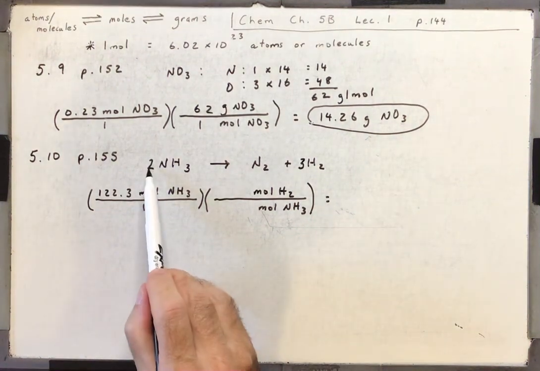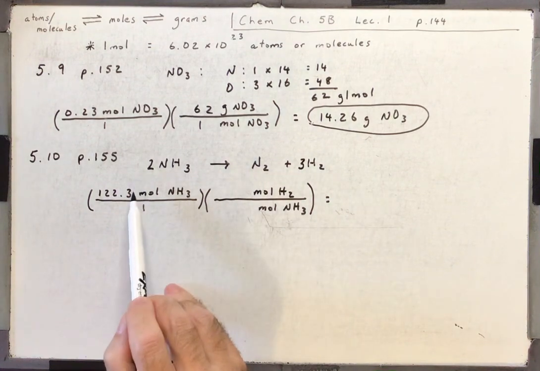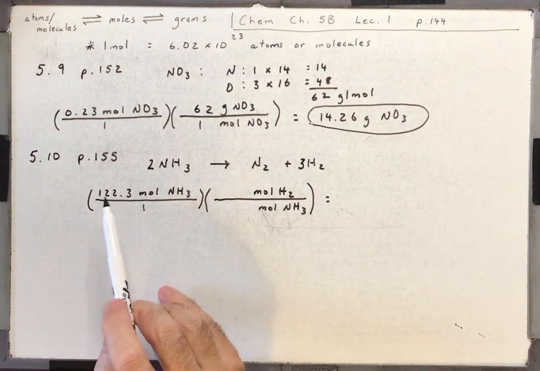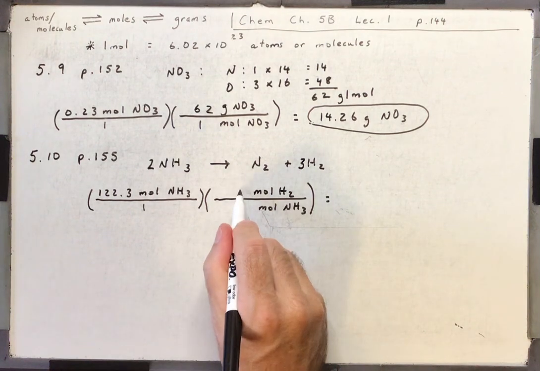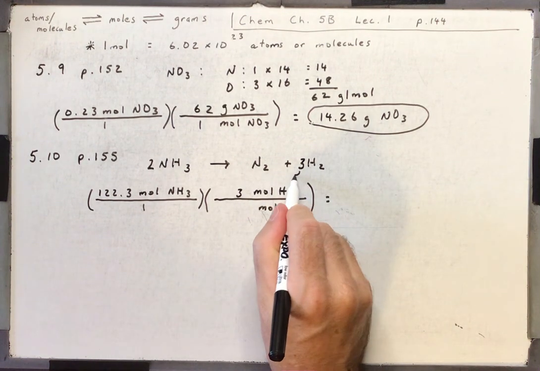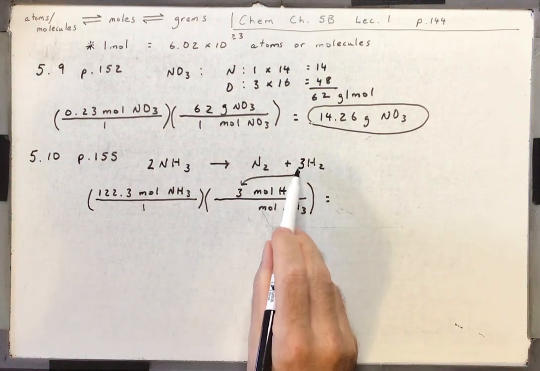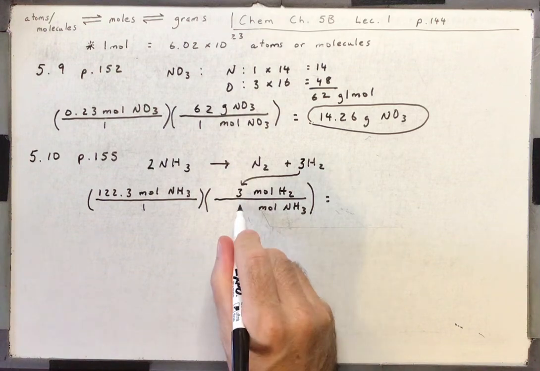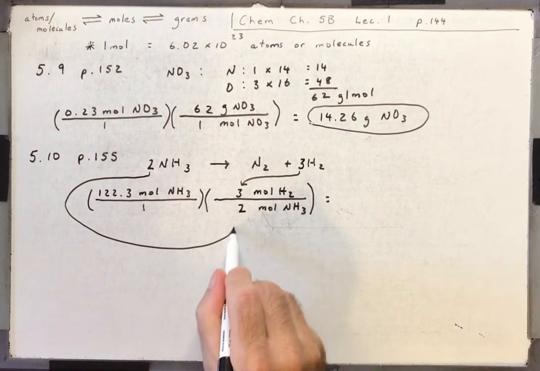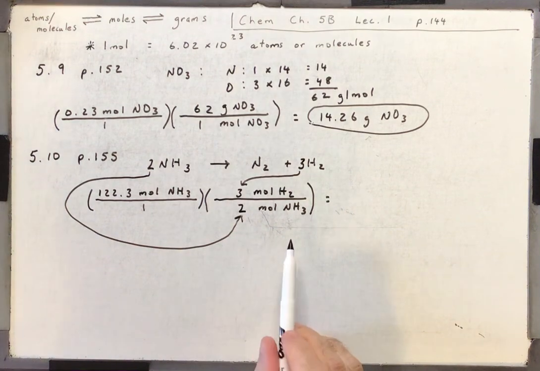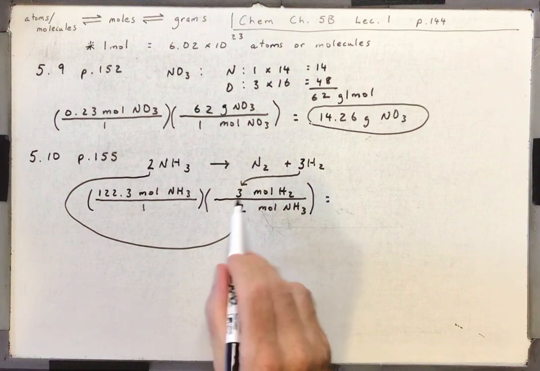Now what these coefficients tell you is the number of moles in this chemical reaction. Okay, so it tells you that there are 3 moles of hydrogen, so it just comes from that stoichiometric coefficient. 3 moles of hydrogen per 2 moles of NH3. So this is a case where you don't have a 1 go by the mole unless the coefficient is 1. So it's just the coefficients in front.